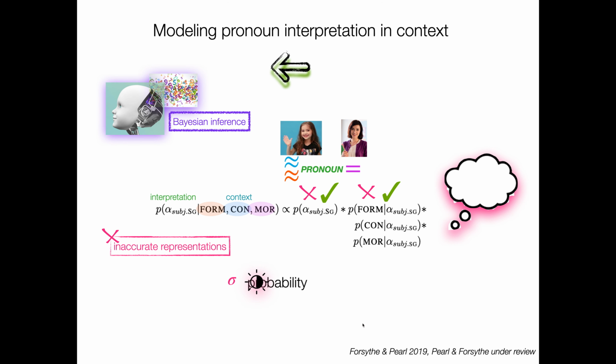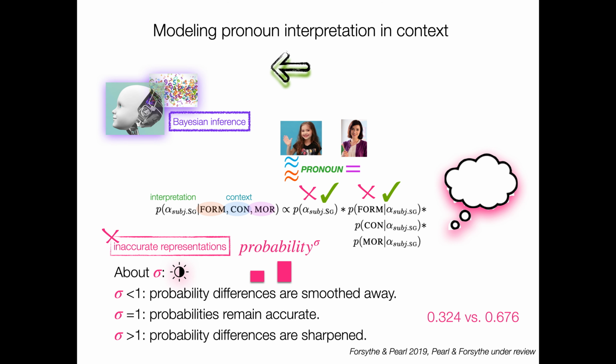The reason I feel this is a contrast parameter, or at least a nice way to think about it, is you can see that it either turns down or turns up the contrast, as it were, depending on the value. So if sigma equals 1, then the probabilities remain accurate. Let's say we have 0.324 versus 0.676. Sigma equals 1, they stay as they are.